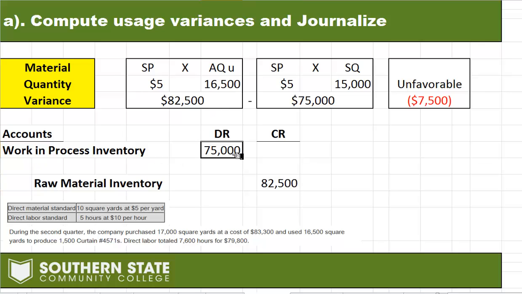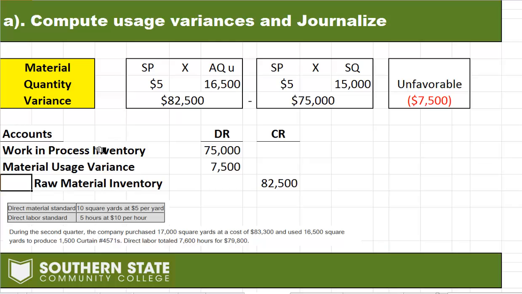So the debit is the standard amount, the credit here is the actual amount. The difference, you'll notice, debits and credits need to equal, so we need to plug in a material usage variance of 7,500. That ties it all together and makes it balance out.